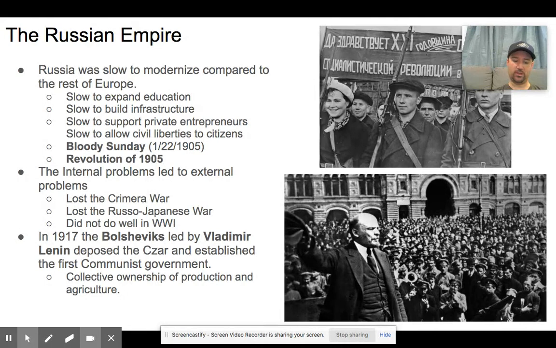The Bolsheviks were the revolutionaries that wanted to overthrow the system of Russia and put in place essentially a communist government, a government that would establish the idea of collectivization and basically collective ownership of production and agriculture.